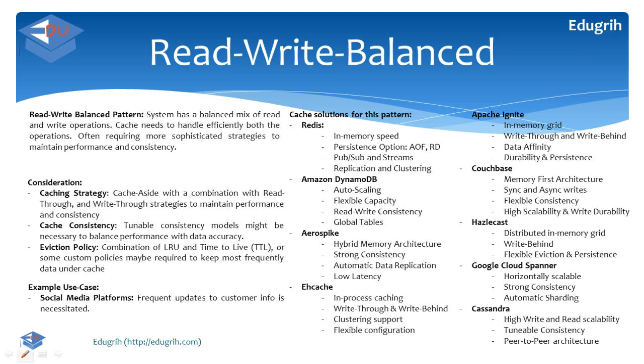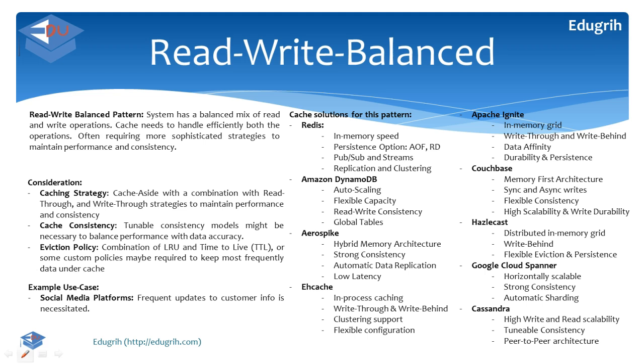Apache Ignite. The key features are in-memory grid, write through and write behind caching strategy support, data affinity in terms of different partitions of data done, and the amount of data which resides with each of these is managed by Ignite.